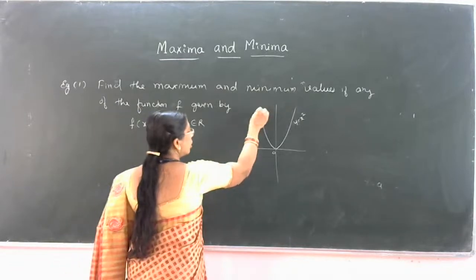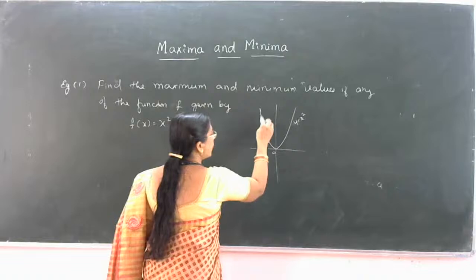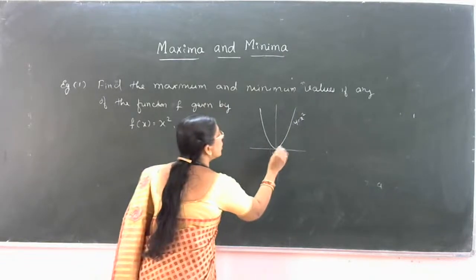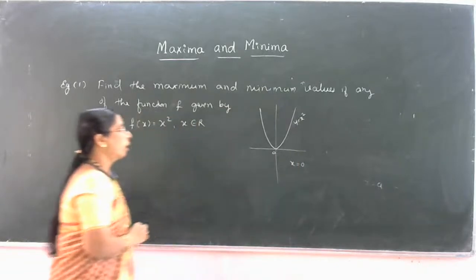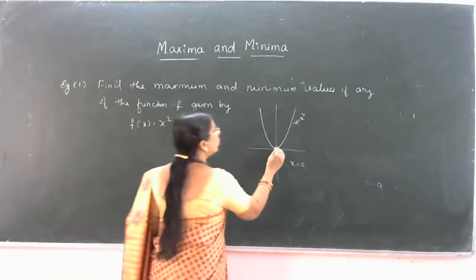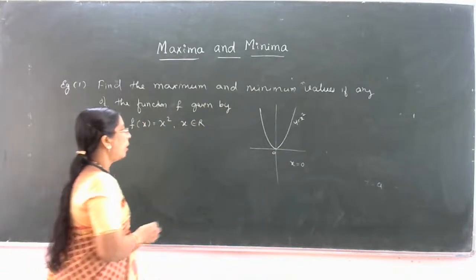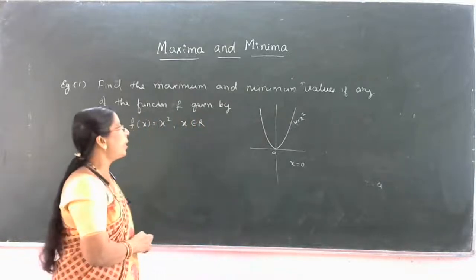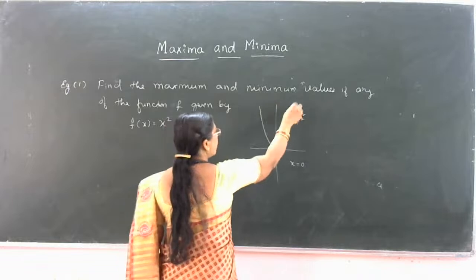Here the graph of the function at x equal to 0 has the minimum value. But we can't say anything about the maximum value because the interval is not given.